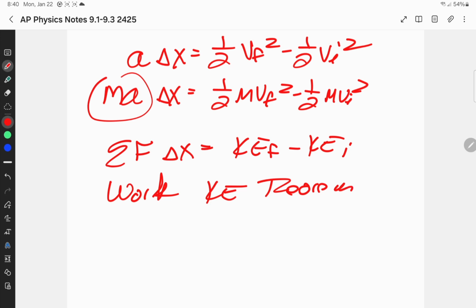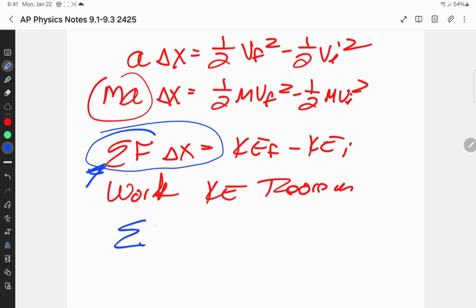Which says that, so notice, this side of the equation is simply my net work, right? Now notice here, I'm assuming that my net force is constant, all right? And your net force could be changing, in which case you'd have to do an integral. But essentially what we've just discovered here is that the net work done on an object is equal to the change in kinetic energy. This is of colossal and major importance.